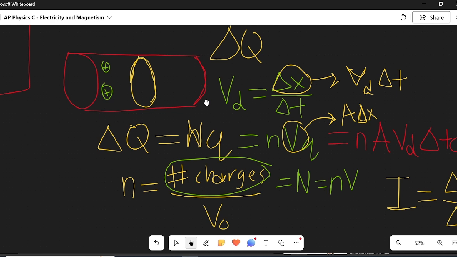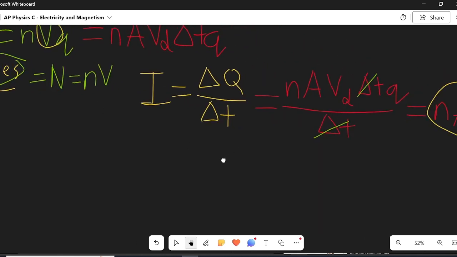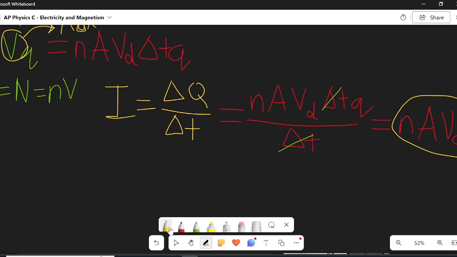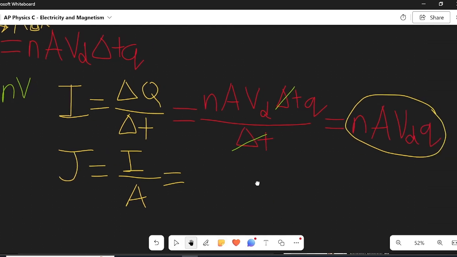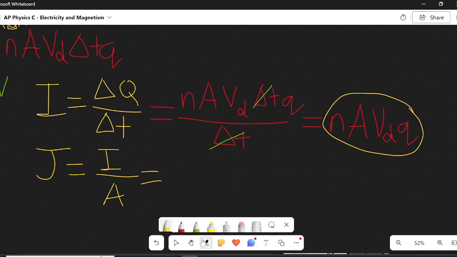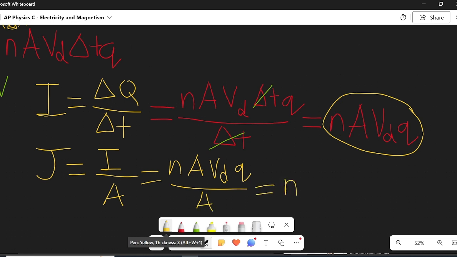So that is going to be our current density, and it's going to be defined by the letter J. So J equals current divided by area. And if we take the same formula from earlier and plug in what we already have for current, number of charges times area times drift velocity times charge, divided by area, this is going to be equal to the number of charges times drift velocity times charge. So this is going to be our current density function.